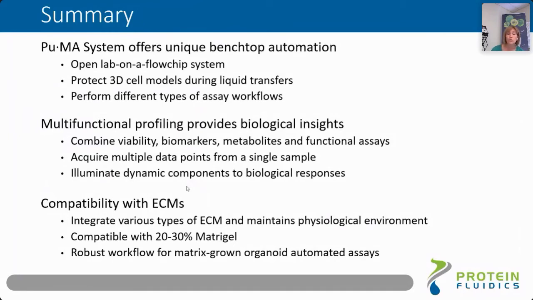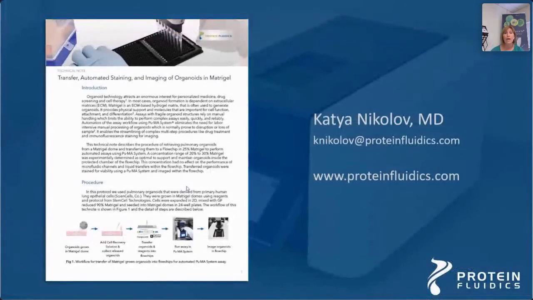And what I've shown you today, our system is compatible with different types of extracellular matrices. Specifically, we talked about compatibility with 20 to 30% Matrigel, and I showed you a pretty robust workflow that we've created for Matrigel-grown organoids from automated assays that you can further use in your work.